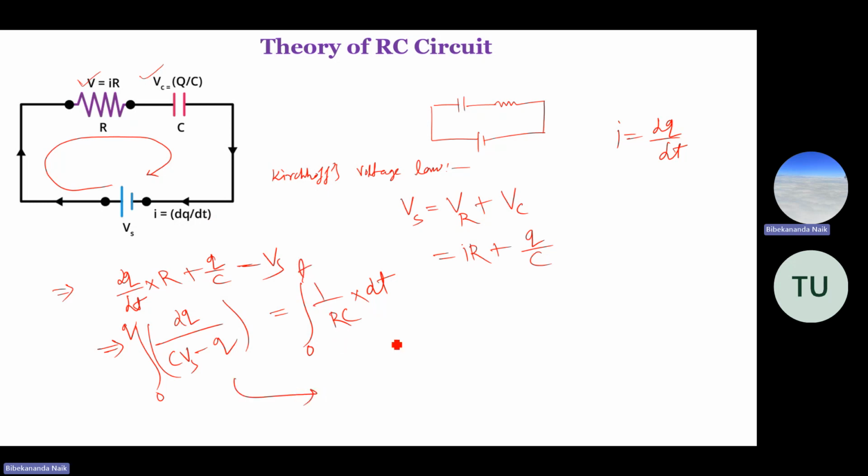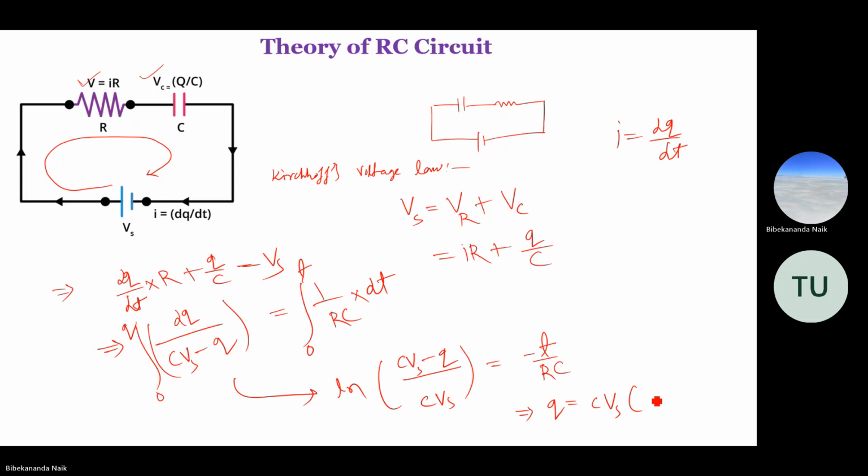If you solve this, you will get ln of (CVs minus q) divided by CVs equals minus t by RC. If you take the exponential on both sides, the logarithm will cancel out, so q will be CVs times (1 minus e to the power minus t by RC). So this is the charge as a function of time.